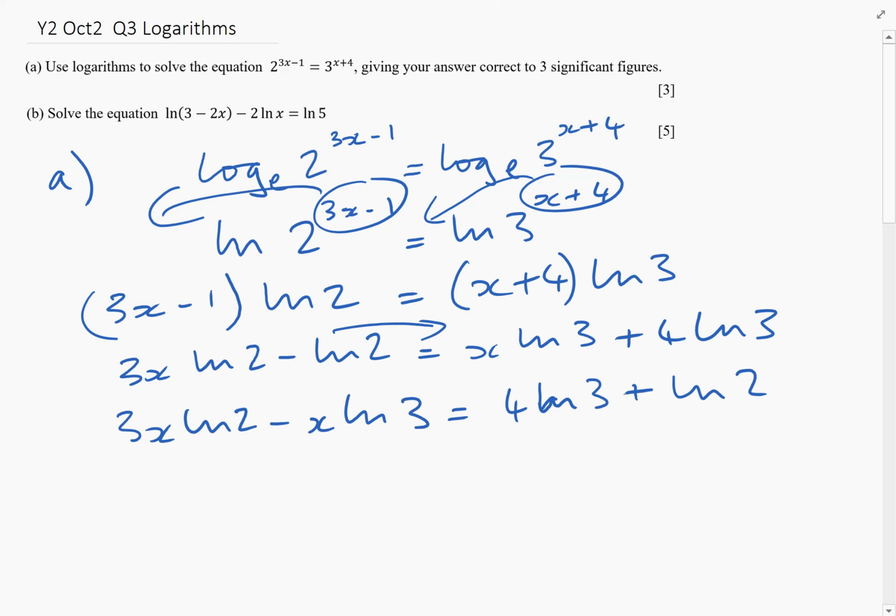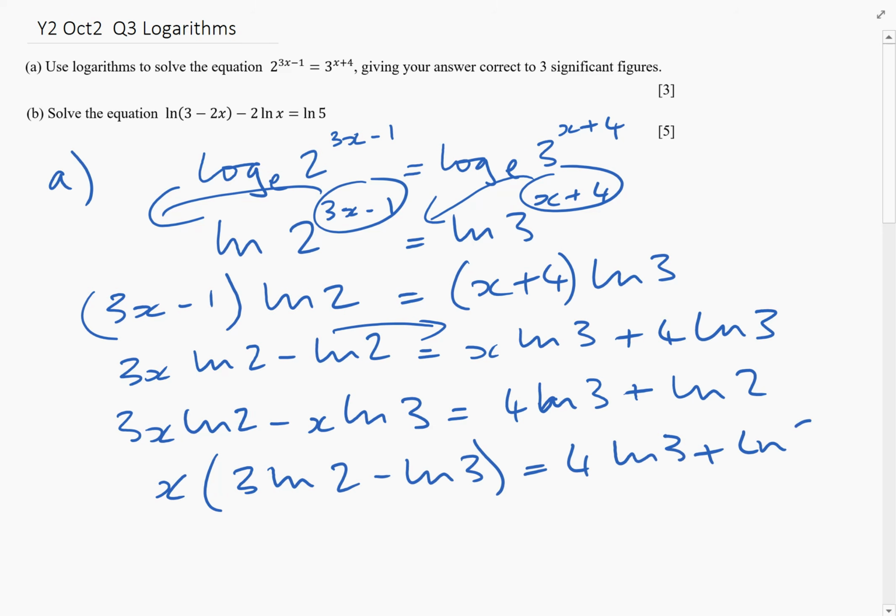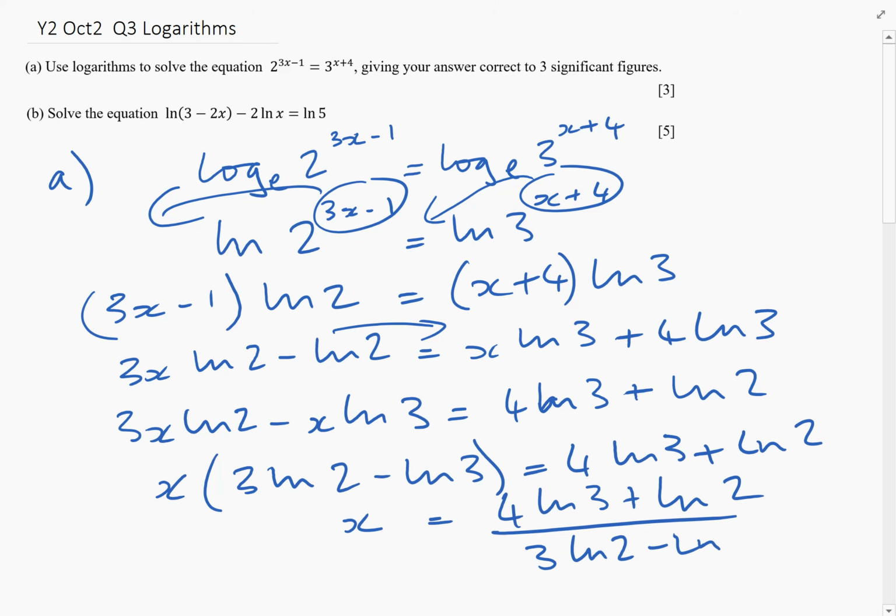And now if we factorize the left hand side to get x on its own, we've got this, and so divide by what's in the bracket and type it into a calculator. So we've got 4 ln 3 plus ln 2 all over 3 ln 2 minus ln 3.